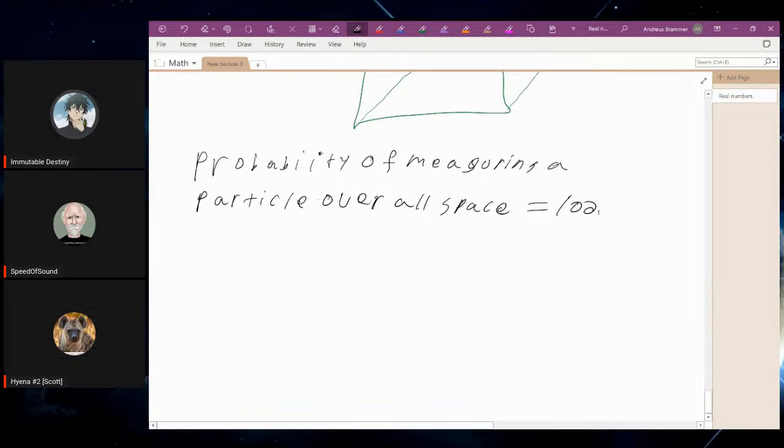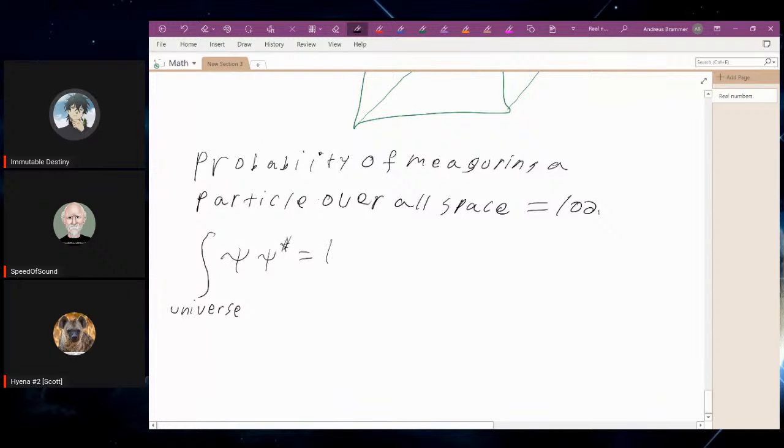Okay. And so in quantum mechanics, what this means is that the area, the likelihood of finding this particle, which is governed by this wave function, psi times psi star, over the entirety of the universe must equal 1.